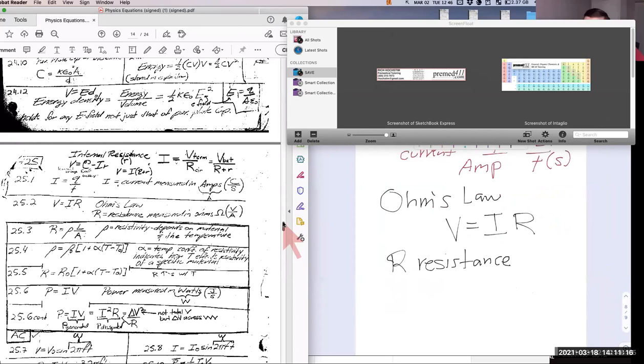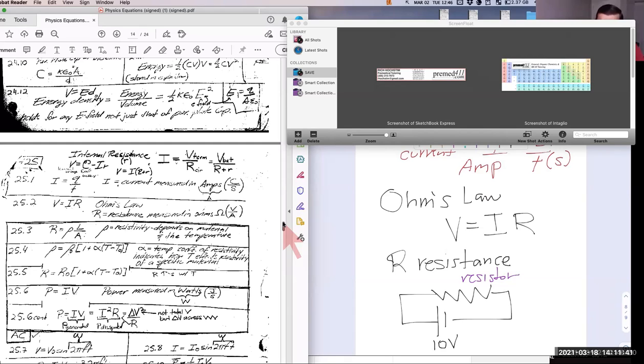Now, what happens is if you have a battery, and this is 10 volts, and here you have something that is known as a resistor, what will happen is in the resistor, the voltage will drop.